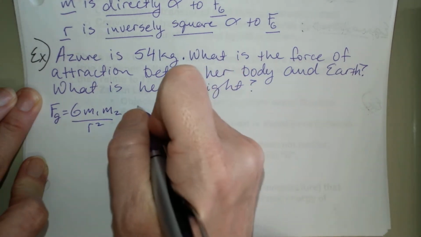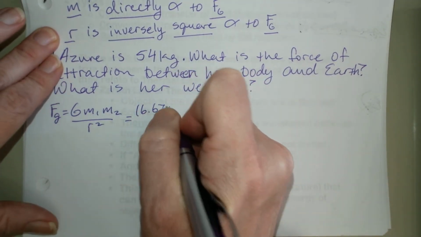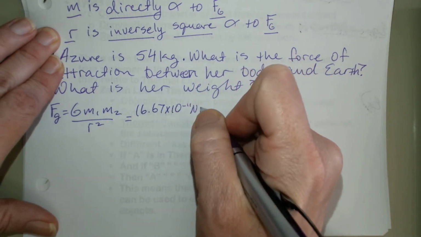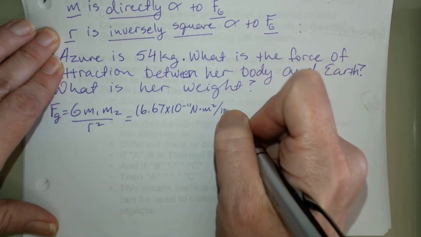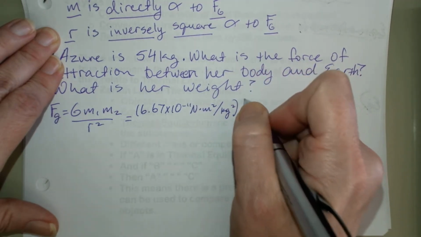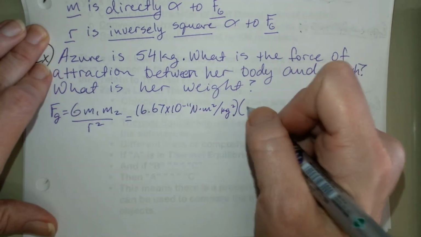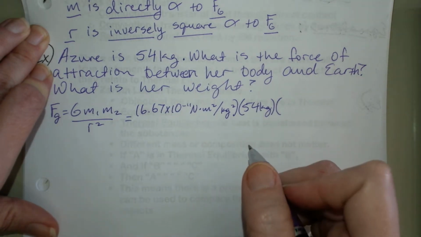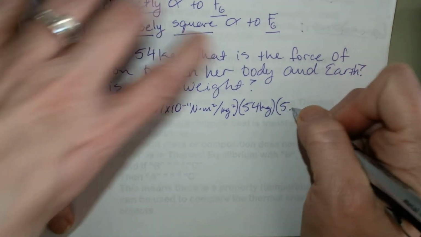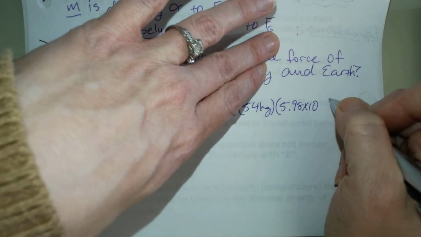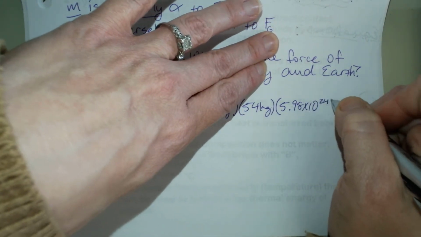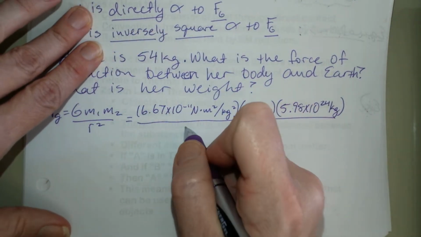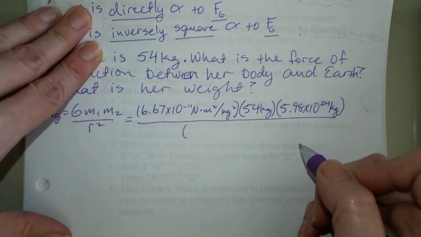Big G is 6.67 times 10 to the negative 11th Newton meter squared per kilogram squared, times Azure's mass, 54 kilograms, times the Earth's mass, 5.98 times 10 to the 24th kilograms, all over R squared, the radius of the Earth squared, because that's what she's standing on.